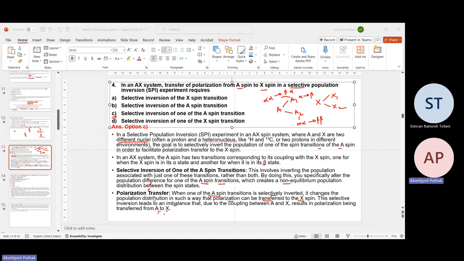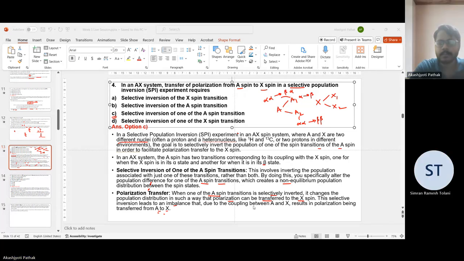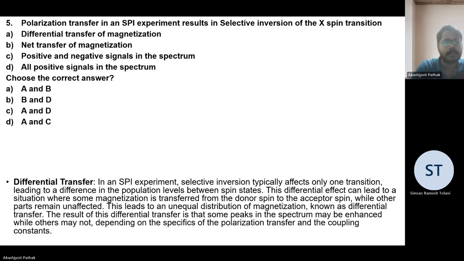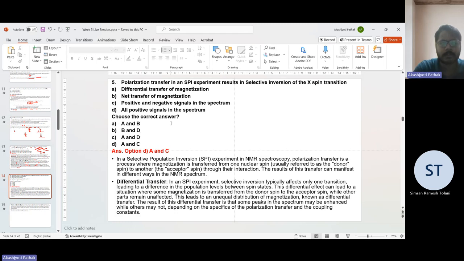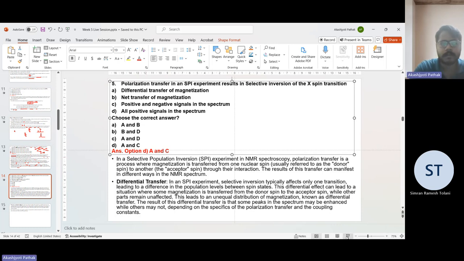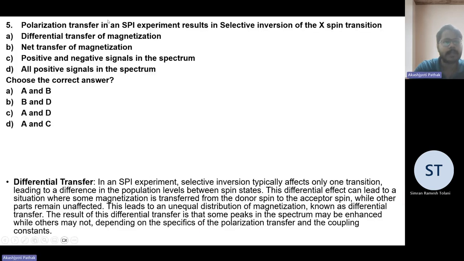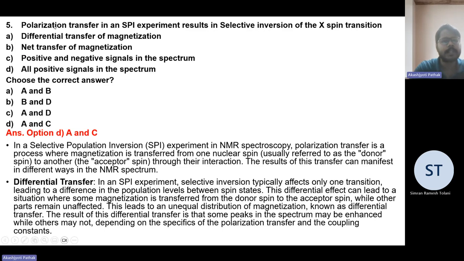Okay, so we'll resume again. The next question is: the population polarization transfer in an SPI experiment results in selective inversion of the X-spin transition.